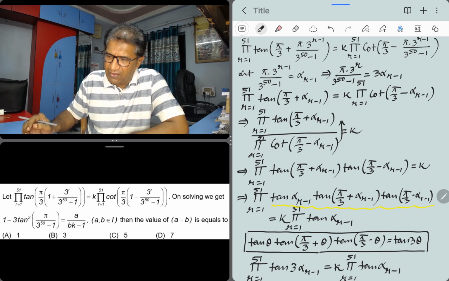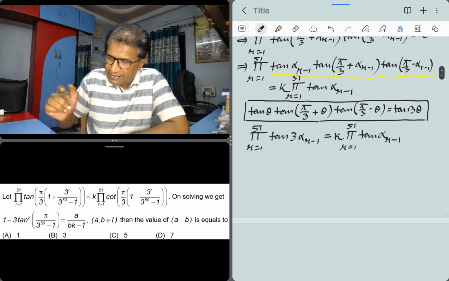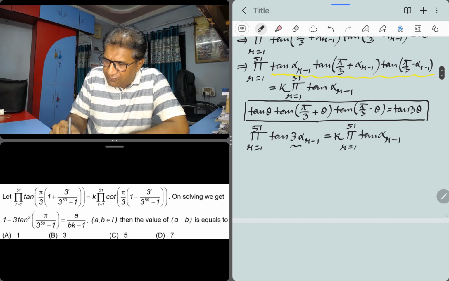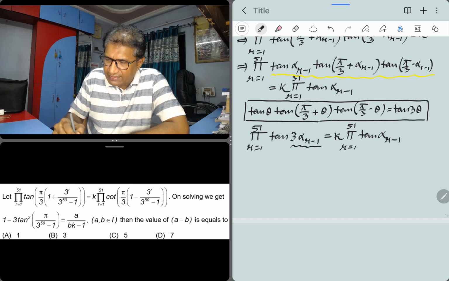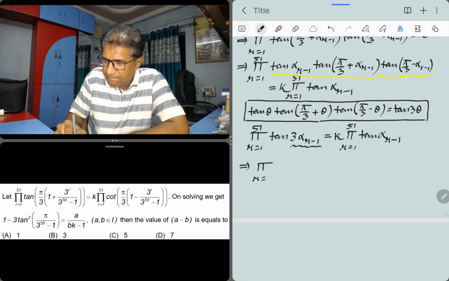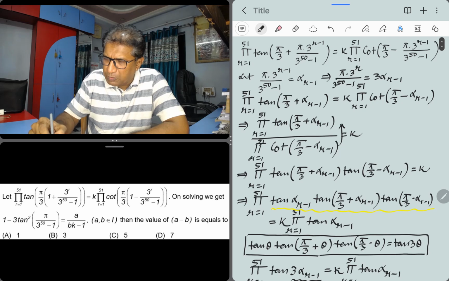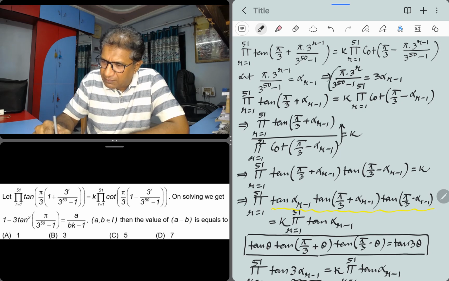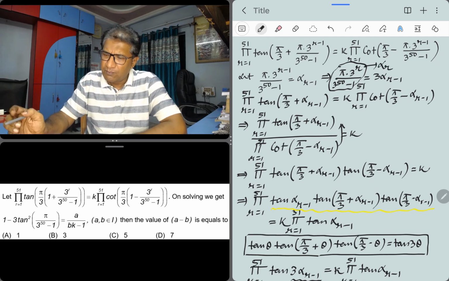Look at it carefully, this part I can write as alpha suffix r, isn't it so?